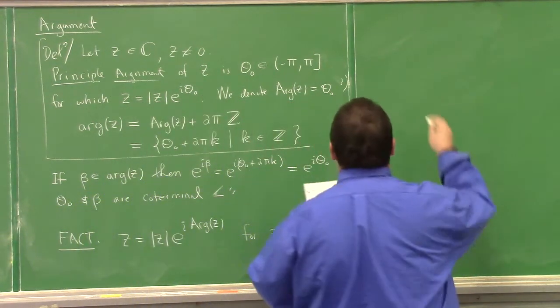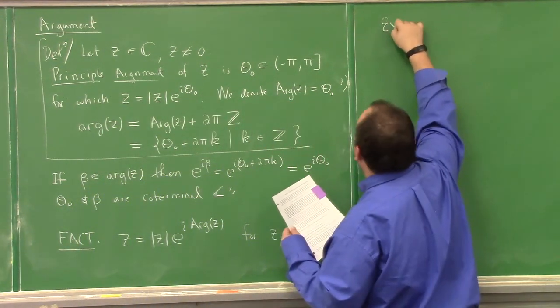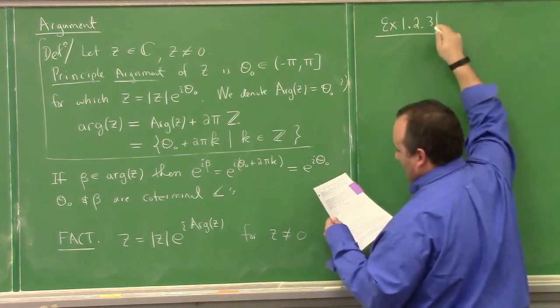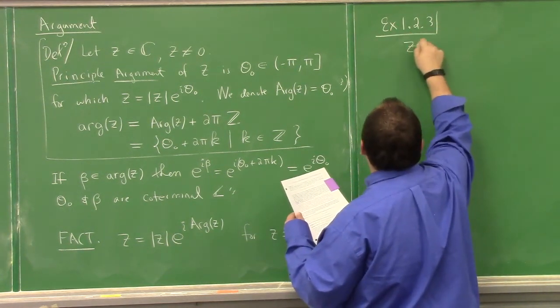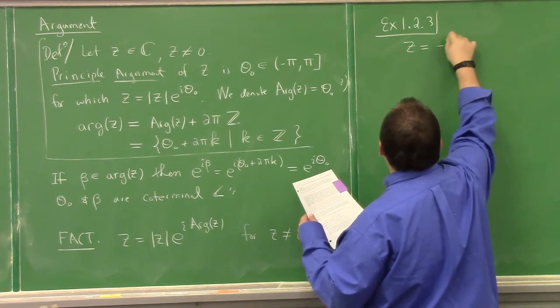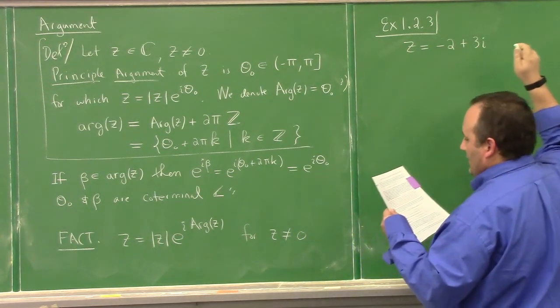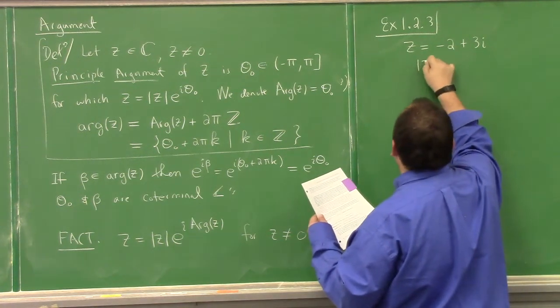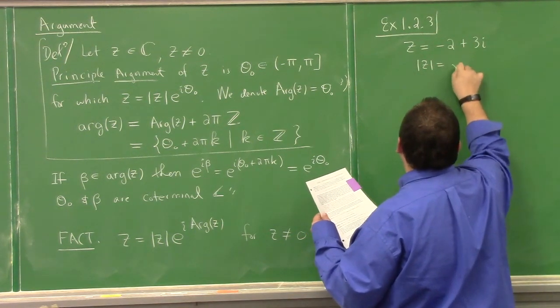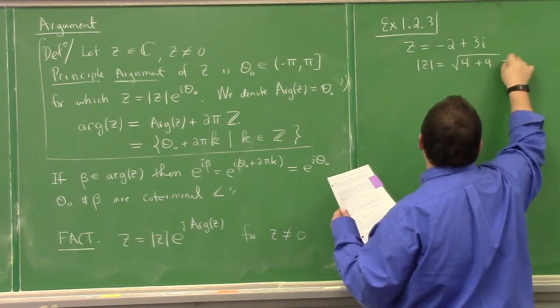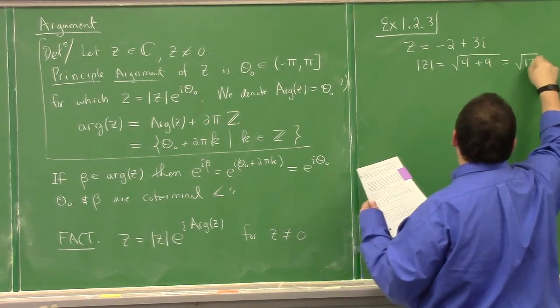It's example 1.23. So here I have z equals minus 2 plus 3i. Notice that the length of z is the square root of 4 plus 9, square root of 13, whatever.